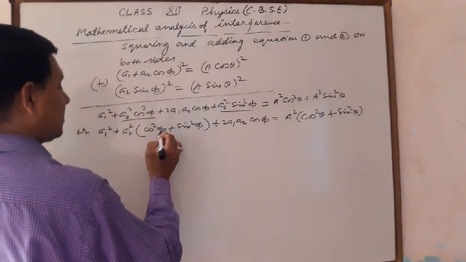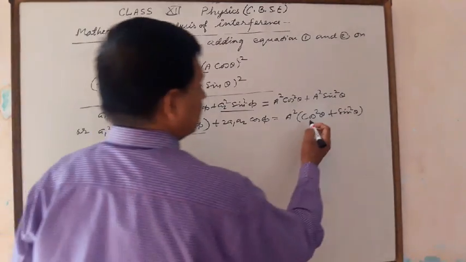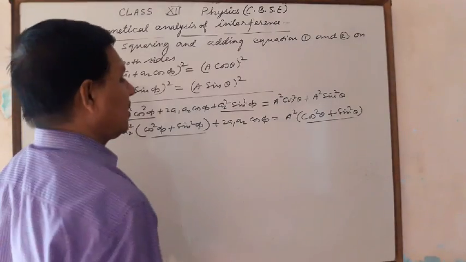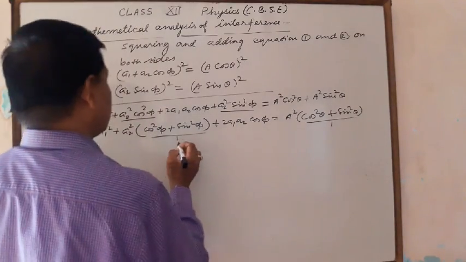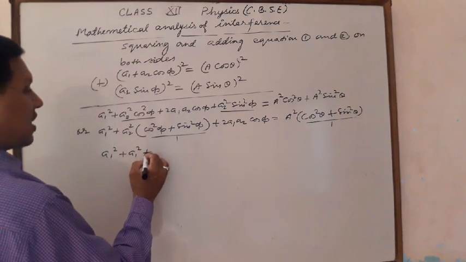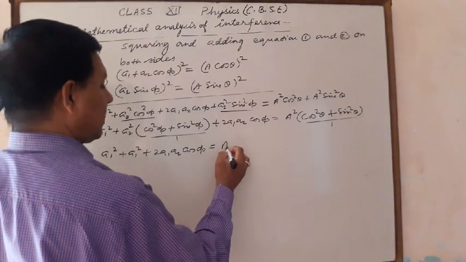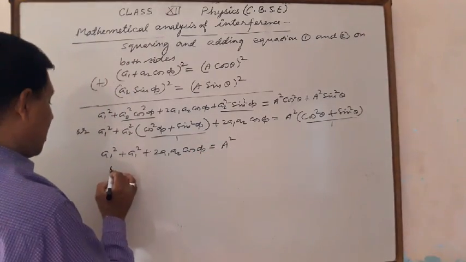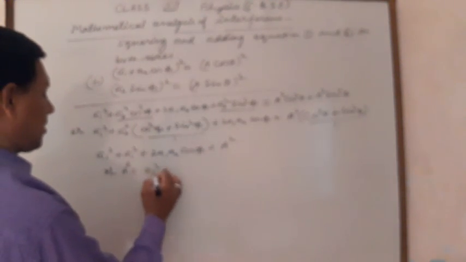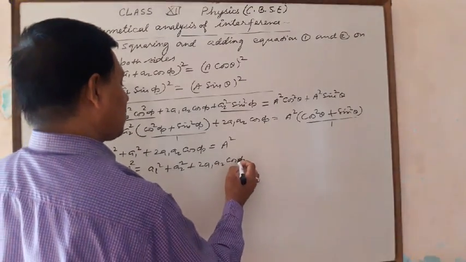And since we know that the value of cos square phi plus sin square phi is equal to 1, and similarly the value of cos square theta plus sin square theta also becomes equal to 1. So this can be written as A1 square plus A2 square plus 2A1 A2 cos phi is equal to A square, or A square is equal to A1 square plus A2 square plus 2A1 A2 cos phi.